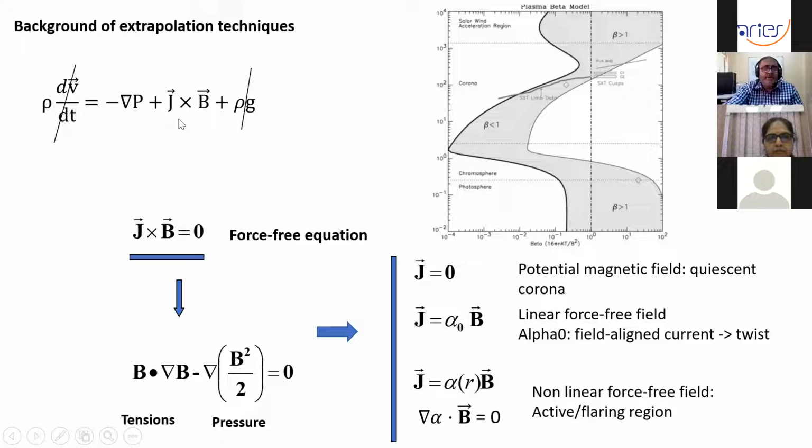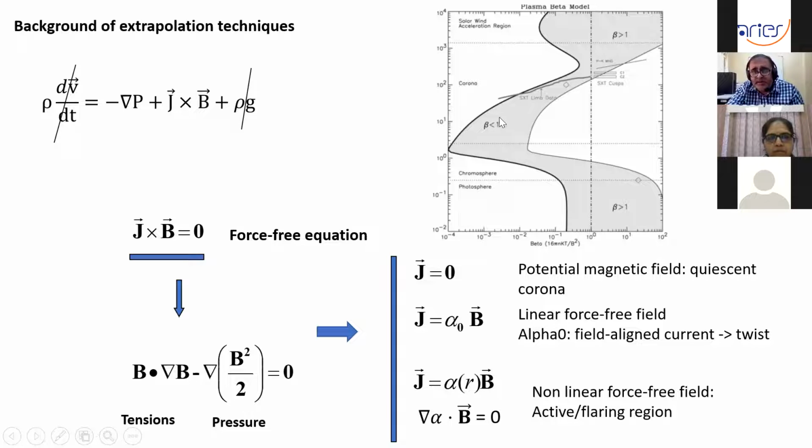Now it turns out, from this famous diagram from Gary 2001, in the mid corona, so I'm not talking about the photosphere, please see that at the photospheric level this plasma beta, which is the ratio of plasma pressure or kinetic pressure to the Lorentz force, is larger than 1, so plasma pressure dominates.